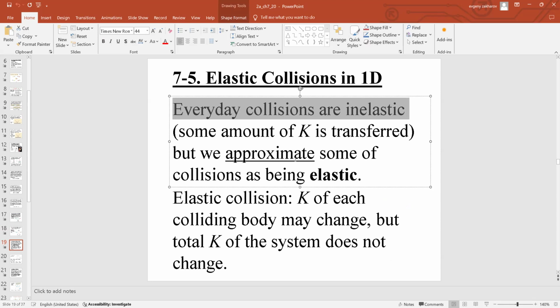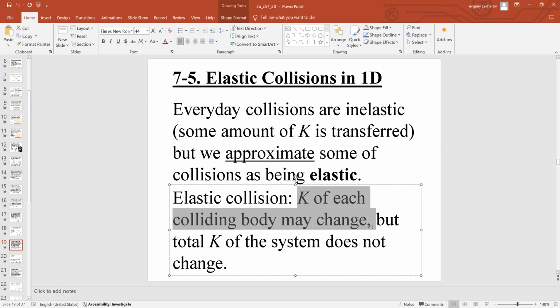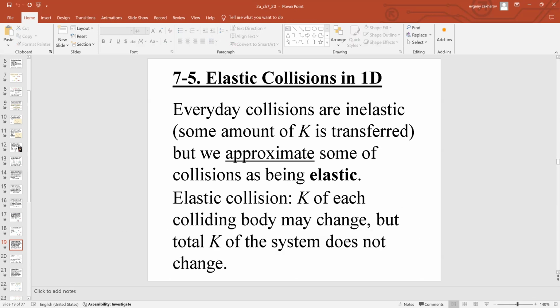But if you can approximate them to be elastic, then you say kinetic energy stays constant for the system, and that helps to solve a lot of problems. So the definition for elastic collision is no change in kinetic energy for the system. If there is a change for the kinetic energy, then it's an inelastic collision.